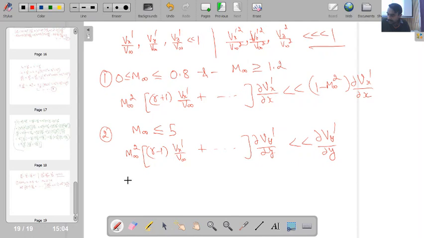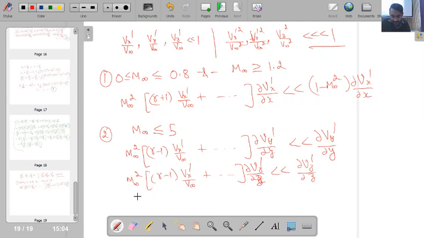Okay, another term M infinity square (gamma minus 1) vx dash by V infinity into del vz dash by del y will also be very small in comparison to del vz dash by del z.